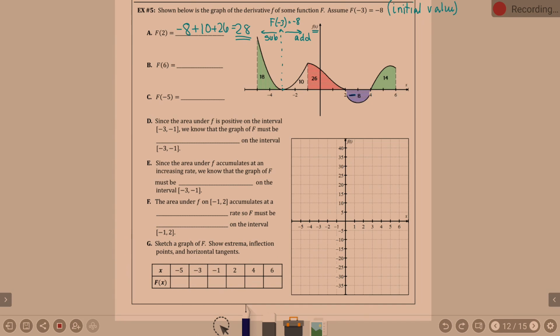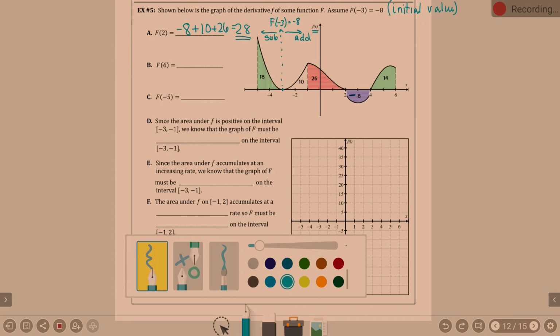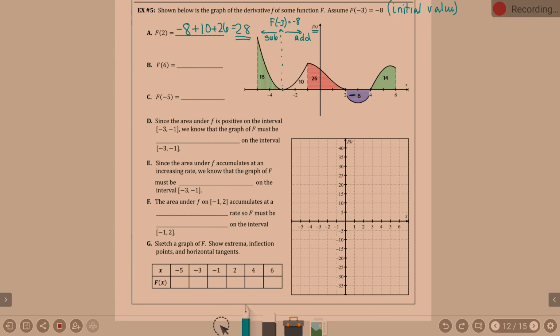We think of it as a negative because it's below the x-axis. Starting with 28 where we left off, subtract 8, add 14, puts us at 34. The net change is 6. I'm with you there, Doug. But I had to get Kylie to see the negative 8 that she was not seeing for a moment.